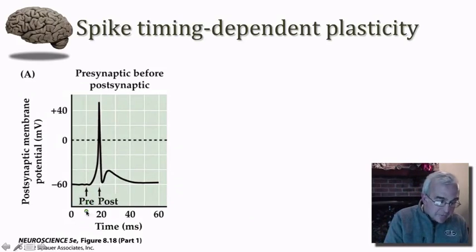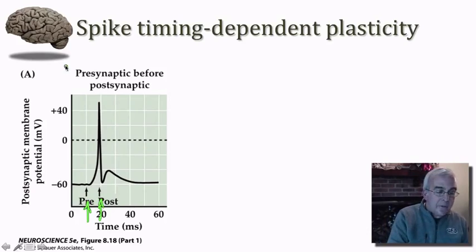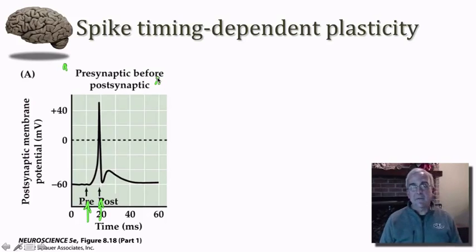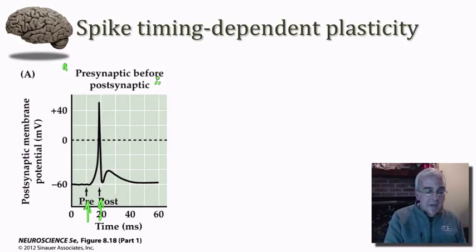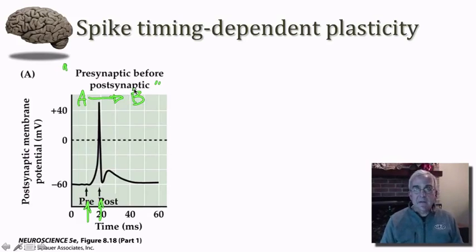So there is an action potential in the presynaptic cell, and about 20 milliseconds later, there's an action potential in the postsynaptic cell. So we call this presynaptic activity before postsynaptic activity. This is what we might expect if our presynaptic cell, let's call that neuron A, is firing an action potential, and that leads to the activation of our second cell. We can call that neuron B.